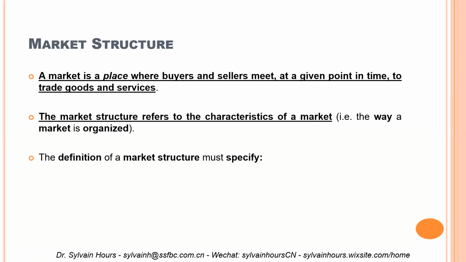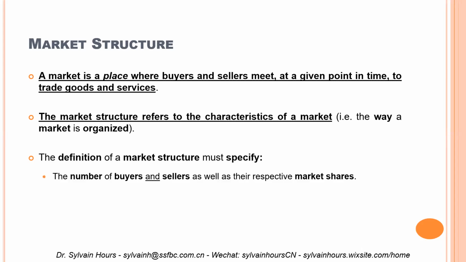And when you define a market structure, when you describe a market, there are several things that you should tell. And these will be the characteristics in which we are going to be interested in. First, if you want to describe a market, of course, the first thing that comes to your mind is to tell how many buyers and sellers you have and their respective market shares. Okay, that's a key information that we are going to use to differentiate different market structures.